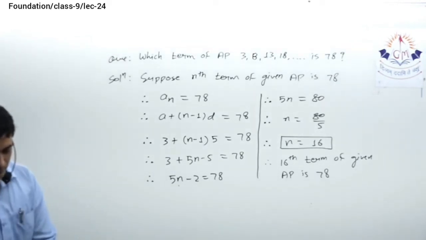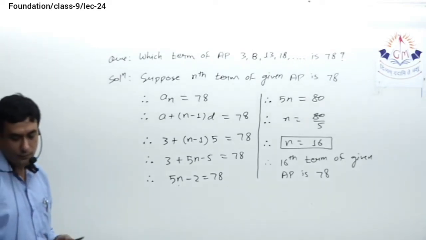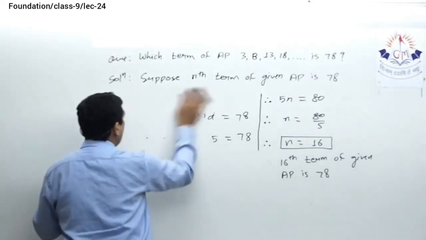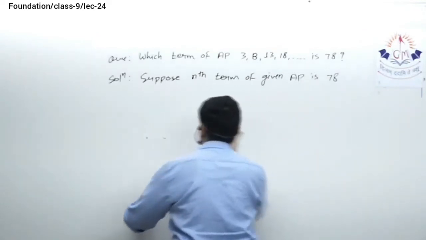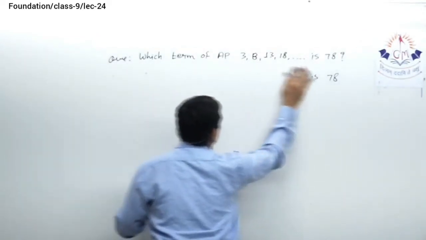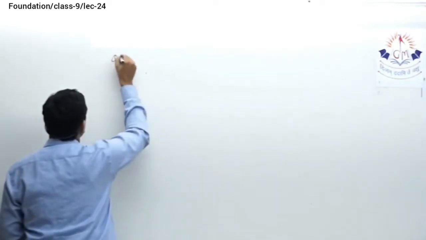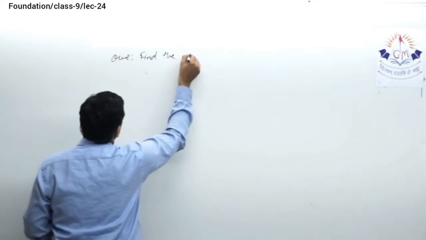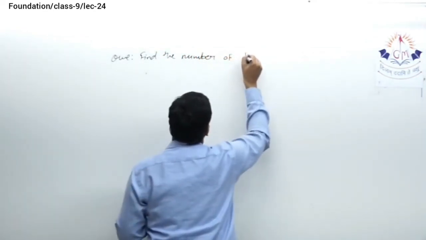Okay, so the next question is, find the number of terms of the given AP. Now we have to find how many terms are there in the given AP.